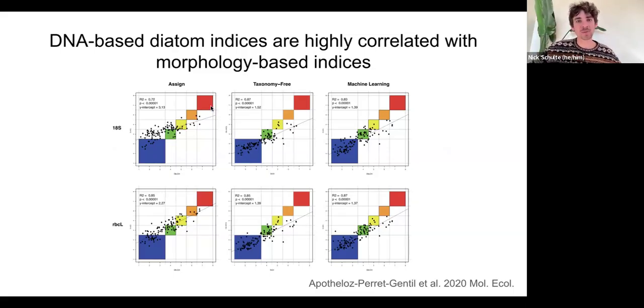On the x-axis is the morphology-based index, and the y-axis is the DNA-derived index, using assigned taxonomy in the left column, taxonomy-free, so only using ASV as a taxon unit, or using a fancy machine learning protocol. And you see generally a very strong alignment in the actual ecological assessment between morphology and any of those metabarcoding genes or applications.